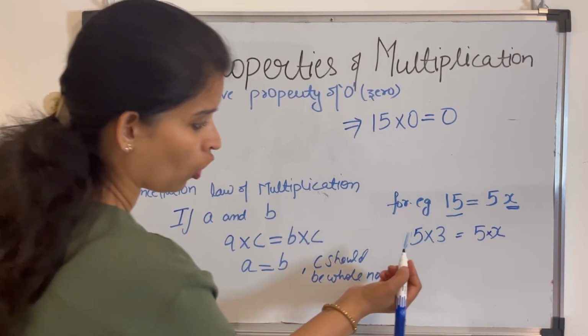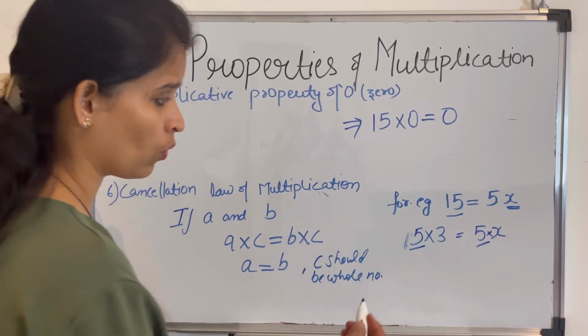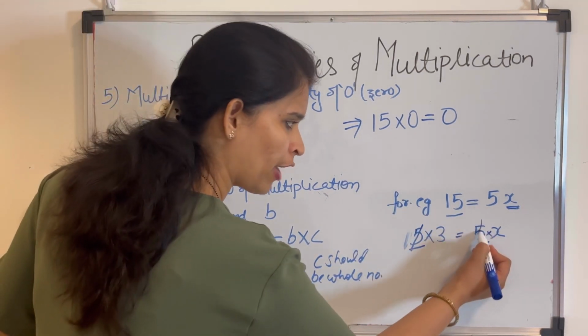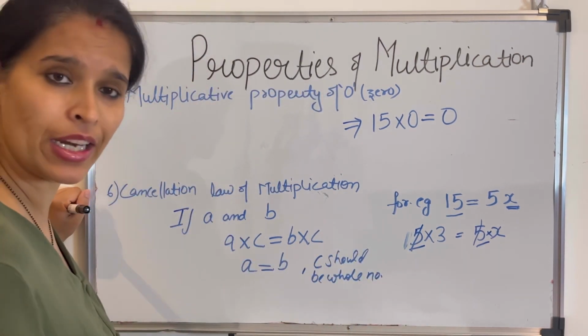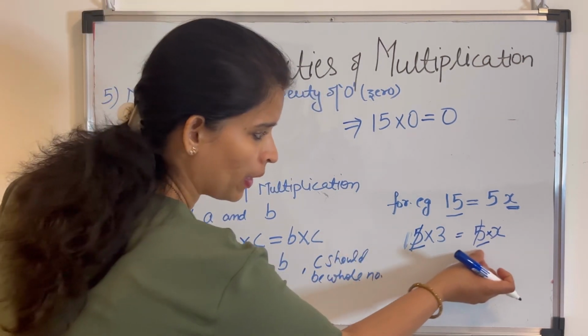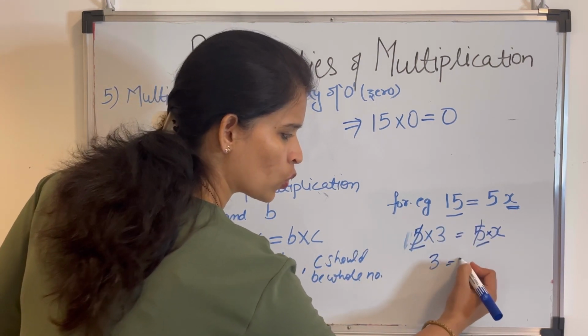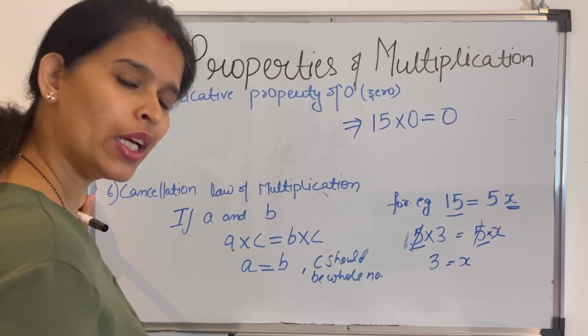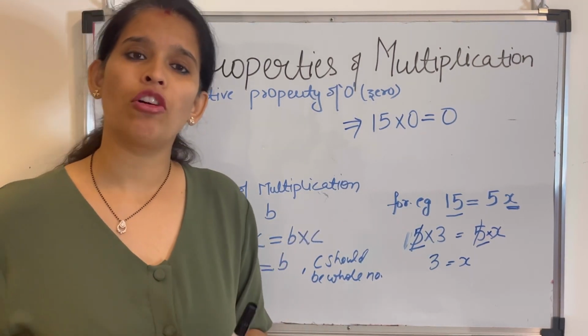So C here is 5. This is the cancellation law of multiplication. We'll cancel the common number C, and 3 is equal to x. So the value of x is 3 here. I hope you understand. These are the properties of multiplication.